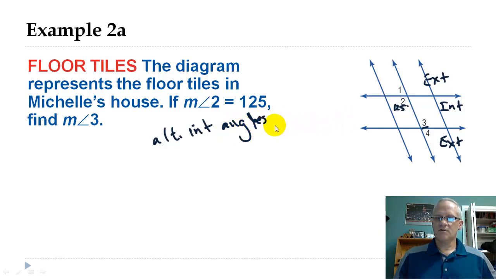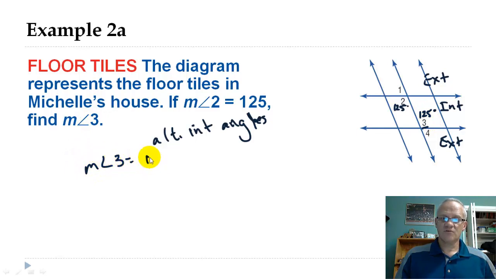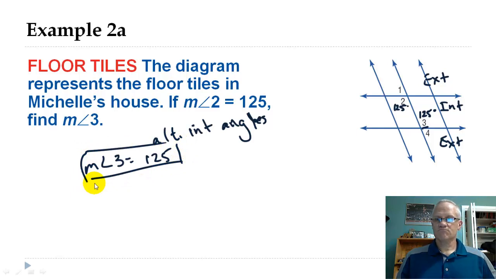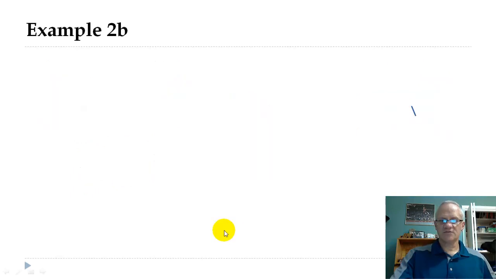Alternate interior angles are congruent, right? And so that means this would also be 125 degrees. So the measure of angle 3 would equal 125. Okay, alternate interior angles are congruent.